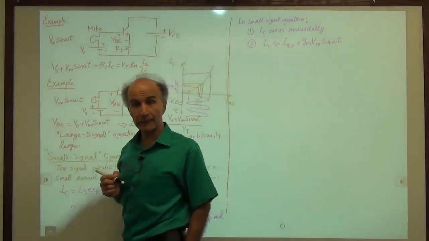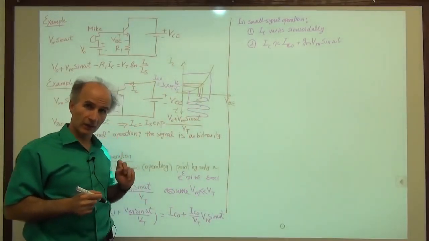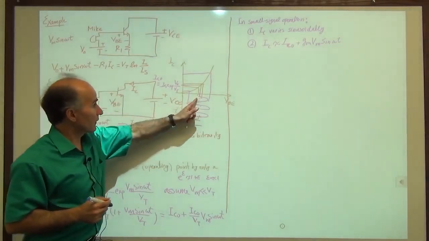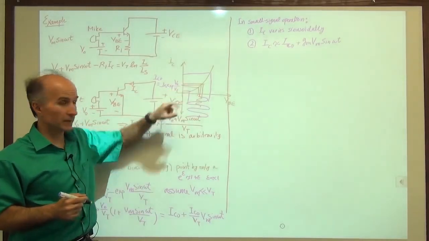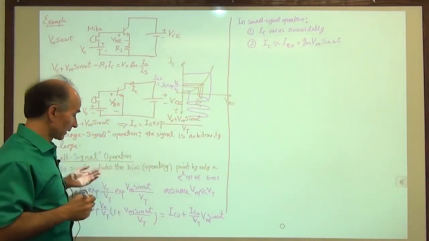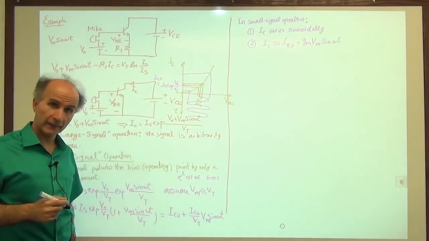That's fascinating, isn't it? That as soon as we made an approximation that the input sinusoid is small, the perturbation is small, the current is small, suddenly the output contains only a sinusoid, no more than that.